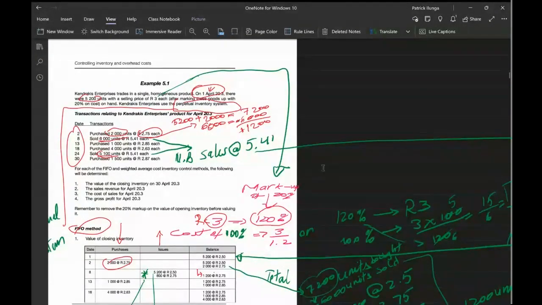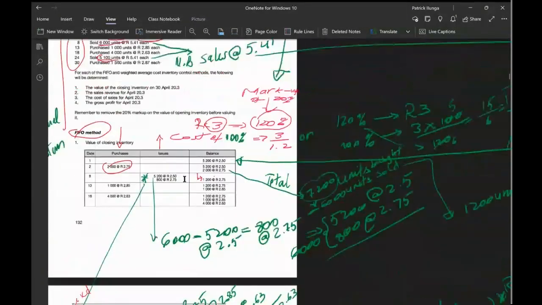And as you can see, here they want you to understand how you comprehend FIFO, first in and first out, as a method. Remember, there is a system and then there's methods of evaluating that inventory. This is quite good because you have a table, the purchasing, provided to you.